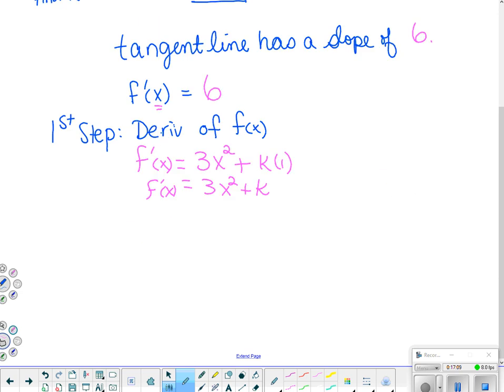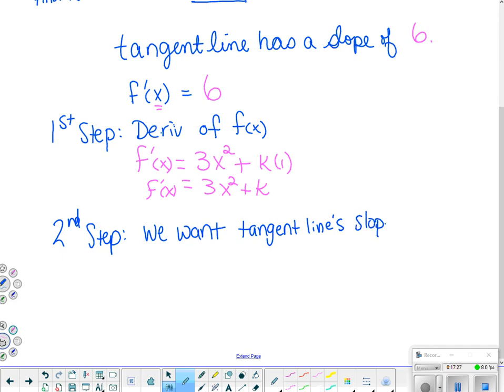Second step. We want the tangent line slope to equal 6, because they told us it has the tangent line.